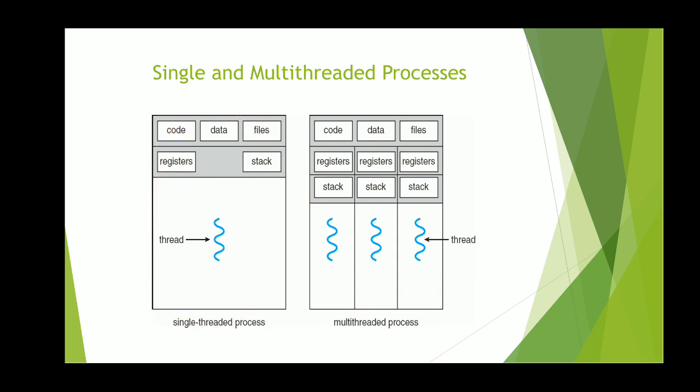In order to execute, a thread needs a code section, data section, file section, and registers and stack sections. But in a multi-threaded process, the threads in the same process share the same code, data, and file sections. Only the registers and stack sections need to be created for each thread.